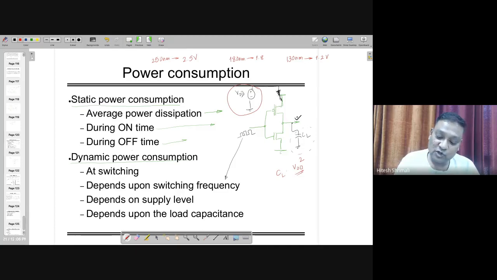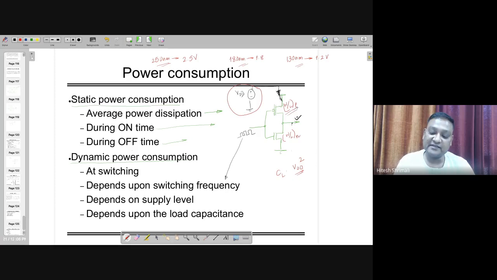Notably, this load capacitor is also increasing in the bigger technology node. Let's assume that this is not here, and it's self-loading. So these transistor sizes, W by L of NMOS and W by L of PMOS, in the bigger technology node will be bigger rather than in the smaller technology node.